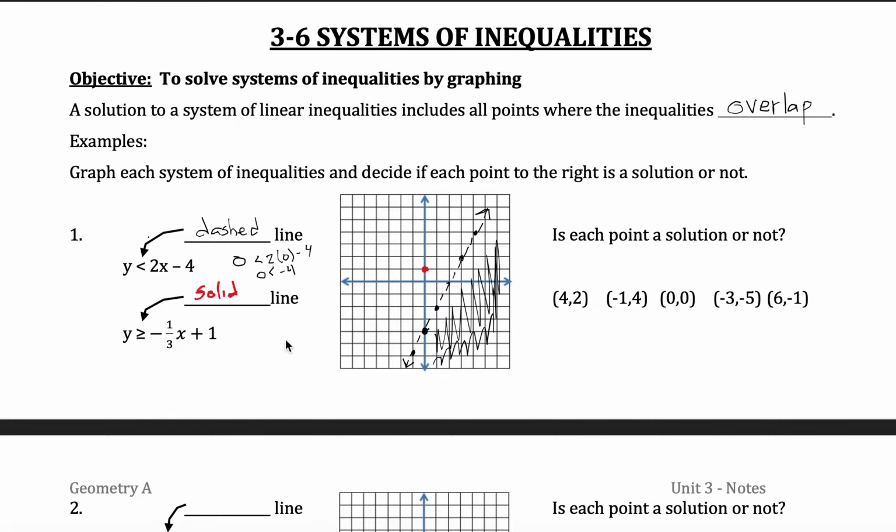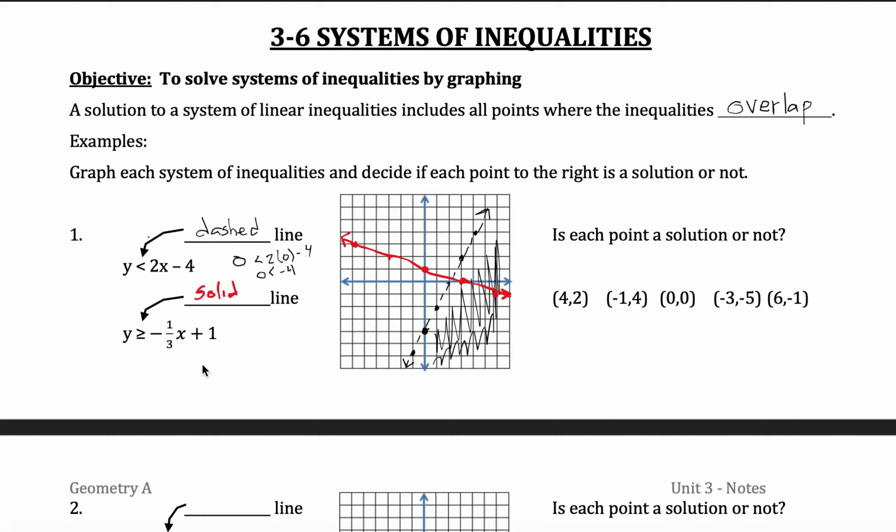Then my slope is negative 1/3, so I'm going to go down 1, right 3. Down 1, right 3. Or I could go up 1, left 3. Then I'm going to connect these 5 points that I have drawn with my line. Again, it's a solid line because I have the or equal to part.